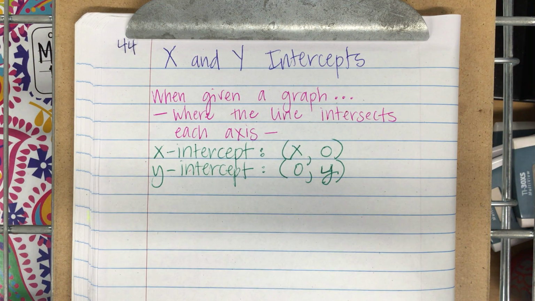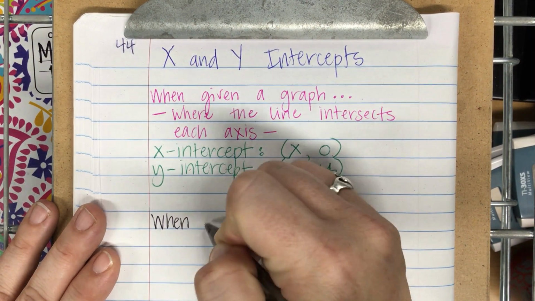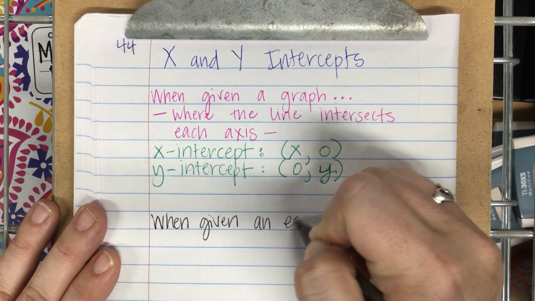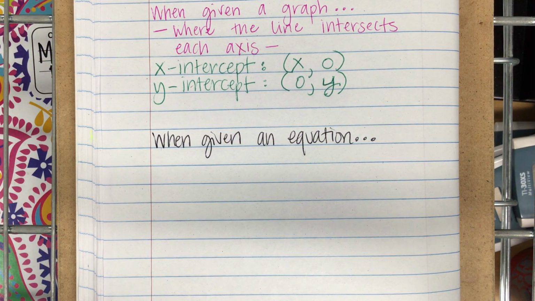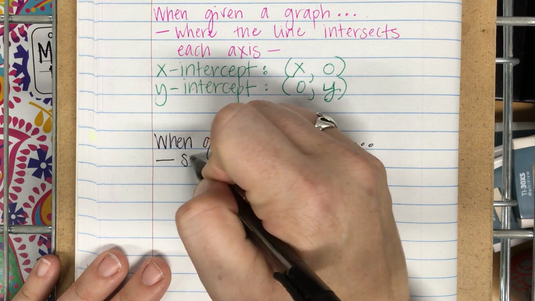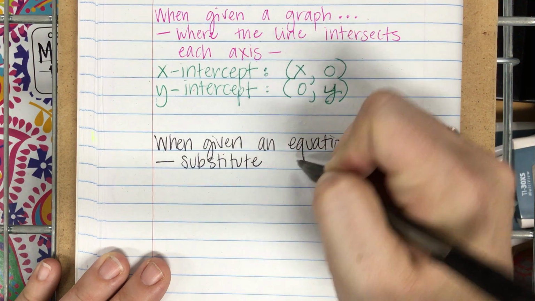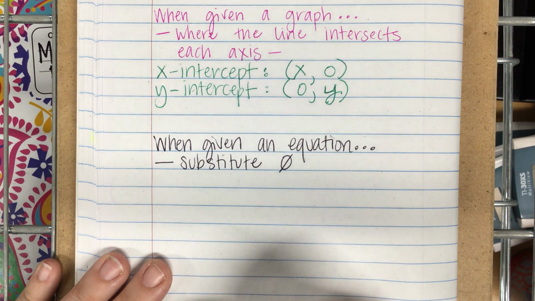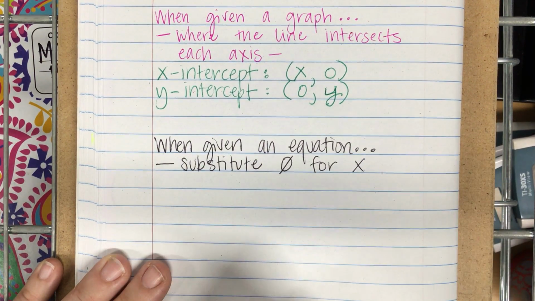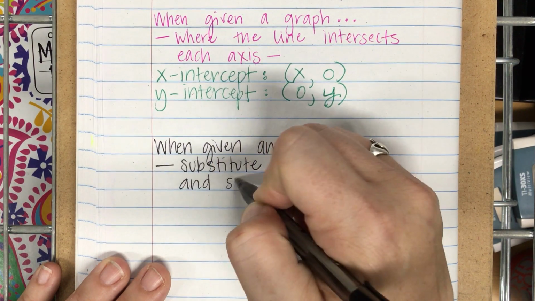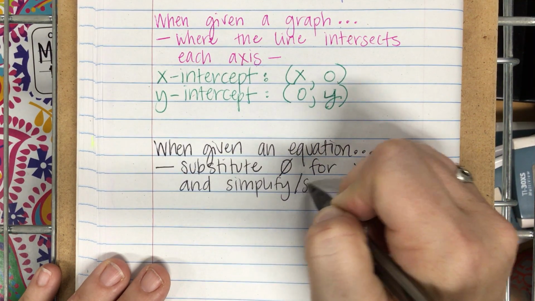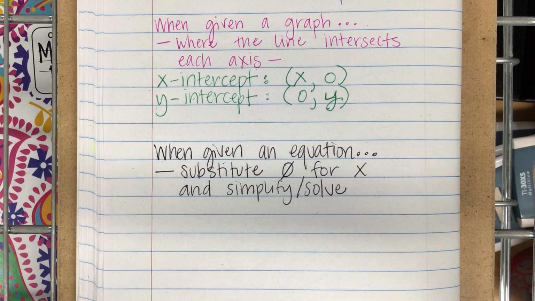What's harder is when you're given an equation. So when you're given an equation, you substitute 0 for x and simplify, solve.